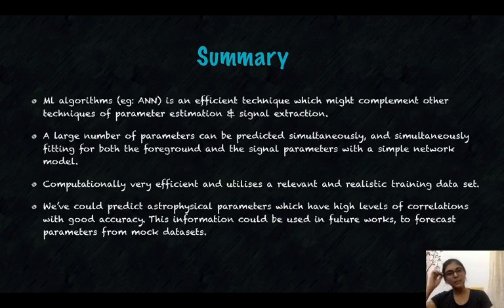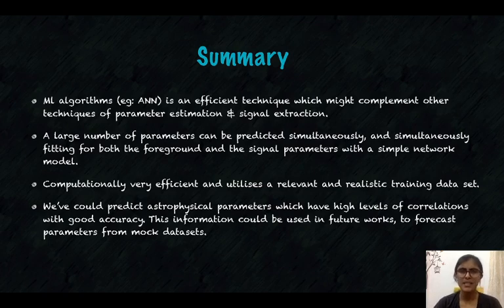We can say that ML algorithms, especially artificial neural networks, could be an efficient technique to complement other techniques of parameter estimation. A large number of parameters can be predicted simultaneously, and we can fit for both the foreground and the signal parameters with a very simple network architecture. It's computationally very efficient and utilizes a relevant and realistic training data set.